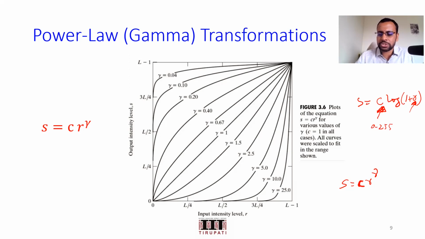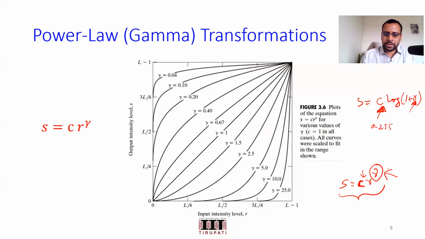So you don't really have control over the shape of the curve. On the other hand, if I use a transform like this, with a normalizing factor to bring it to 0 to 255, but here R to the power of gamma, I can play with this gamma.